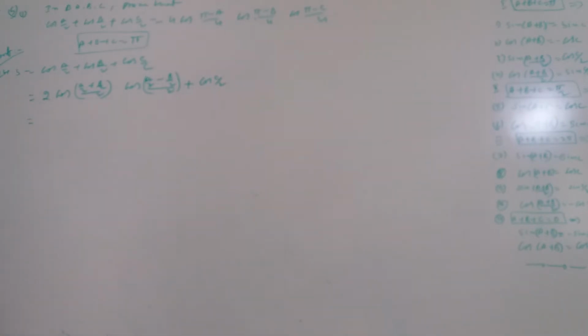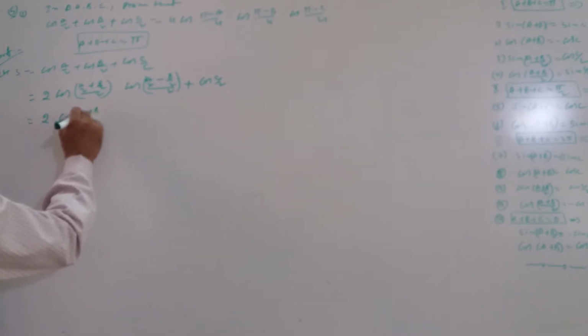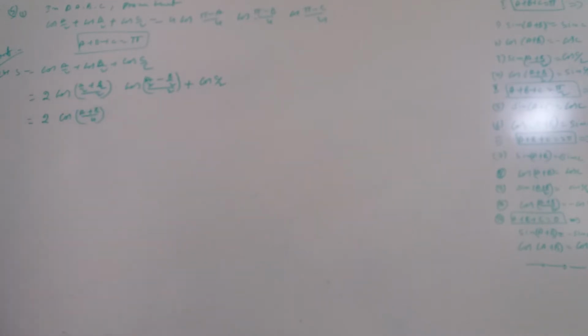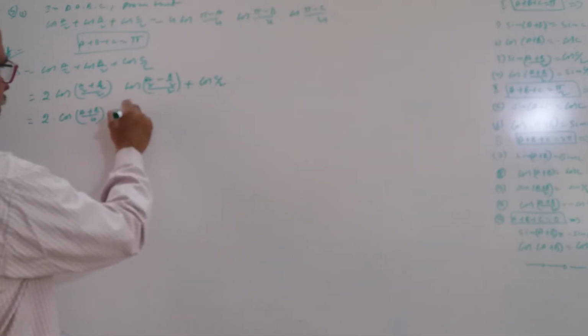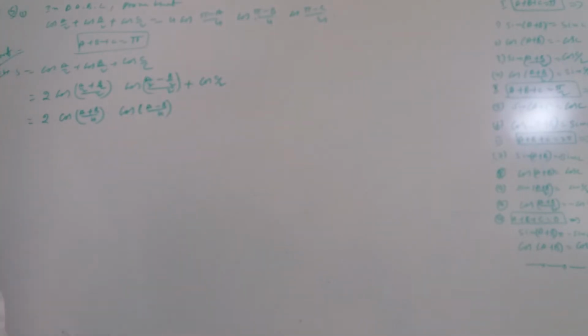By using that formula, this can be written as 2 into cos of (A by 2 plus B by 2) whole divided by 2, into cos of (A by 2 minus B by 2) whole divided by 2, plus cos C by 2. Let it be there. Here by simplification, 2 into cos of (A plus B) by 4 into cos of (A minus B) by 4, plus what about cos C by 2? By using this, we can change that.